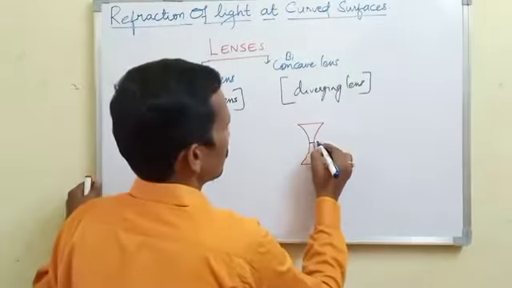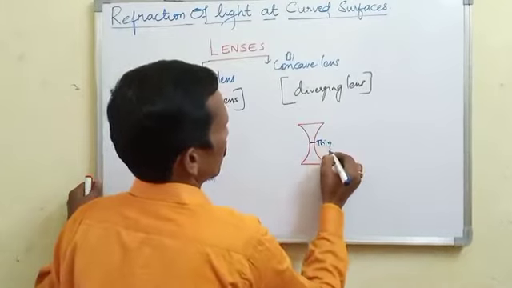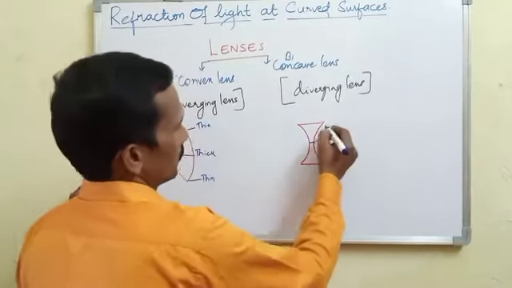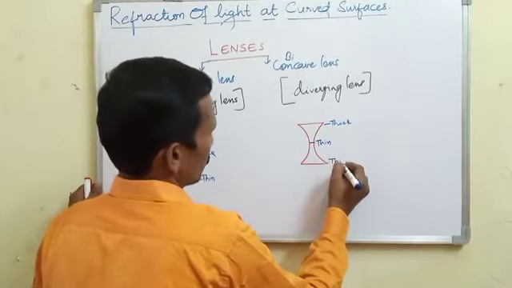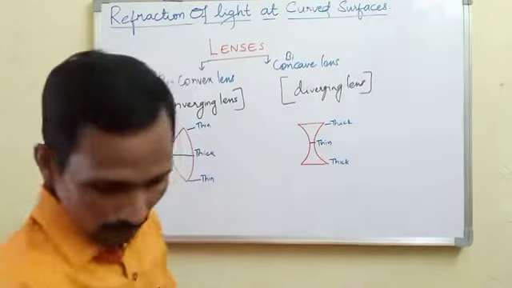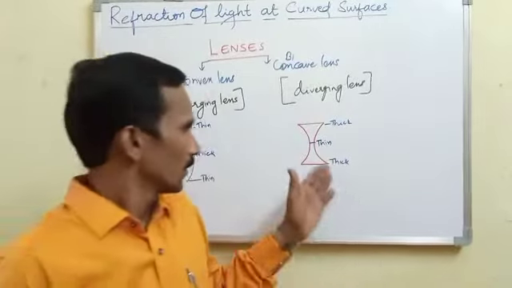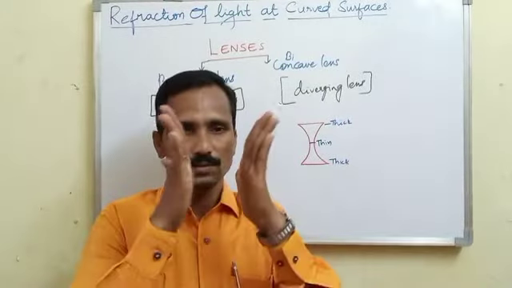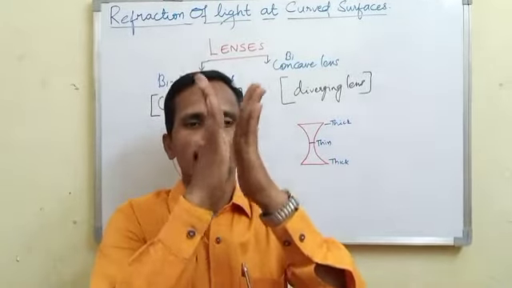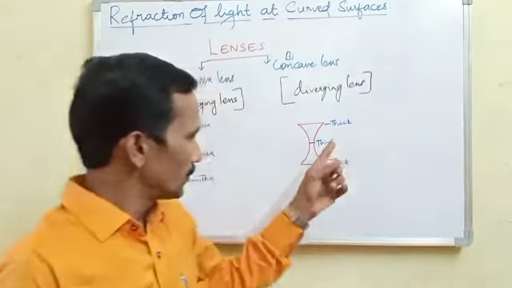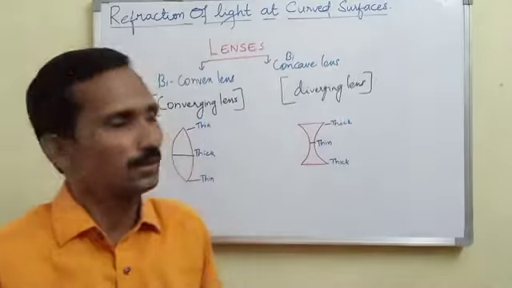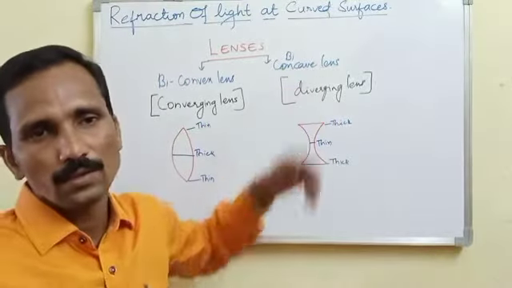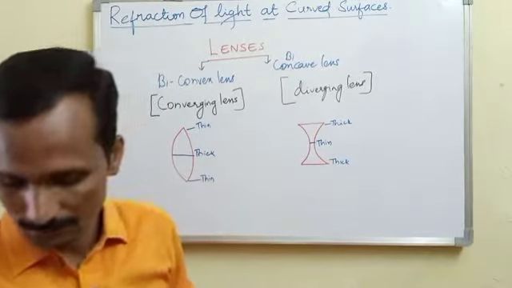It is thin at the middle and thick at the edges. This concave lens is thin at the middle and thicker at the edges. The lens which is thick at the edges and thin at the middle is called a diverging lens or biconcave lens.